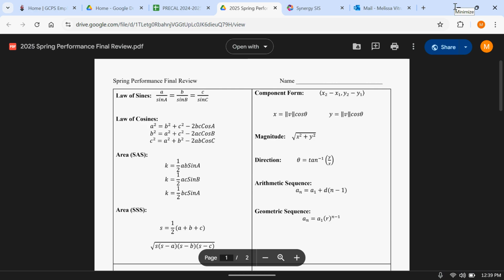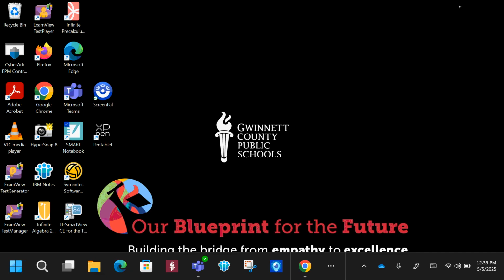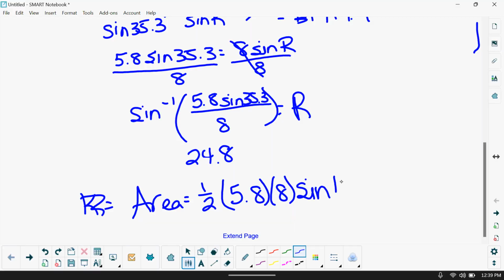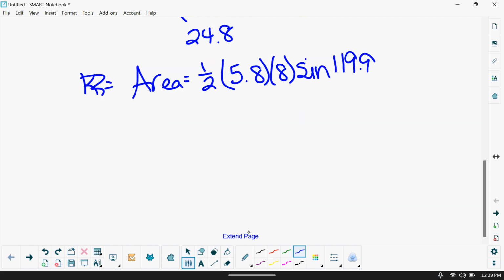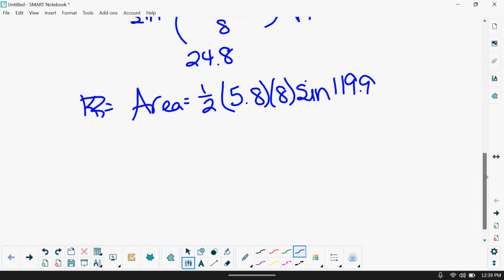It is sine. Good, good, good. Of 119.9. Sometimes teachers really do need to double check. So 1/2 times 5.8 times 8, sine of 119.9. And I got 20.1. So you have all of that, and we're good there.